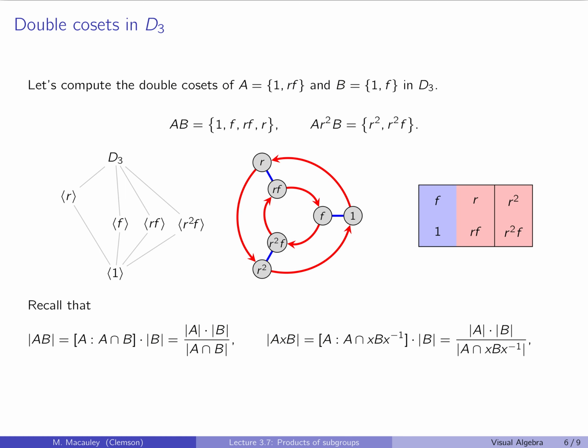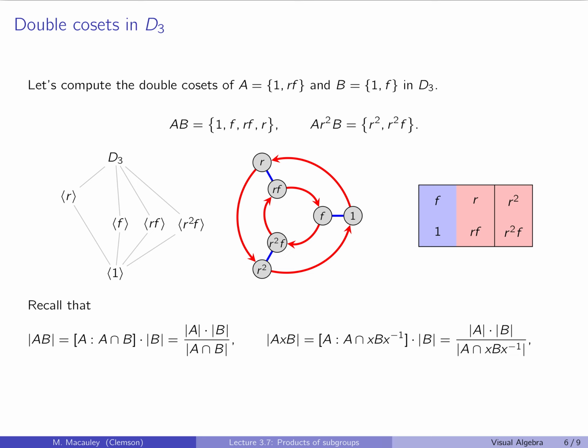Let's do some examples. First, let's start with D3, which we saw earlier. Let's compute the double cosets of the subgroups A and B, where A is generated by RF and B is generated by F. I think this is a different A and B than I did in the first slide. Doesn't really matter.